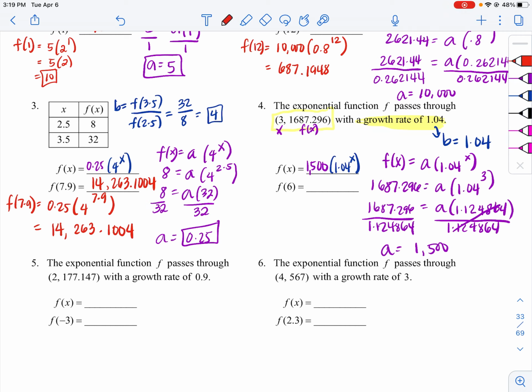So now it's easier to solve for my f of 6 because that's just 1,500 times 1.04 to the power of 6. Again, for the last time, don't solve it as 1,500 times 1.04, okay? It's solving 1.04 to the power of 6 first and then multiplying that with 1,500.